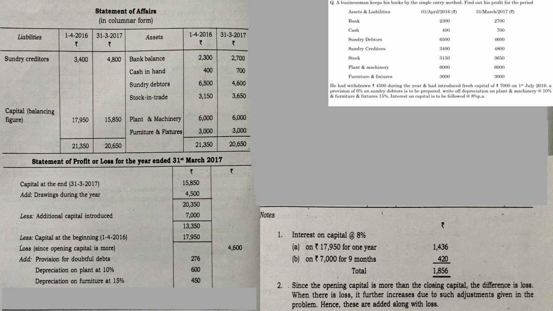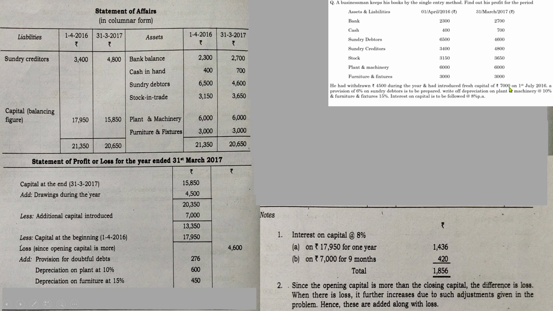But apart from that, in the question it is mentioned that he had introduced additional capital of 7,000 on 1st July 2016. So whenever any additional capital is introduced, we have to provide interest for that amount also.